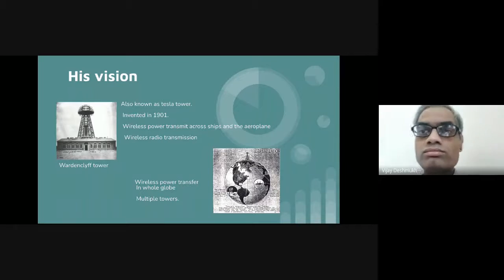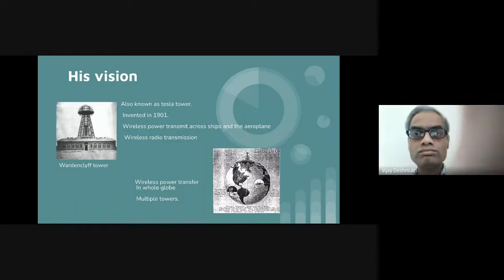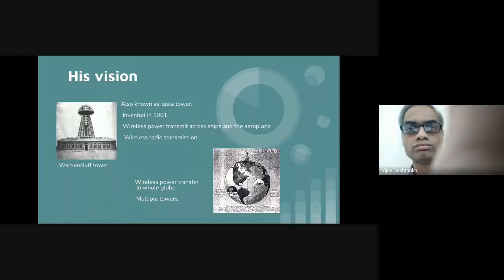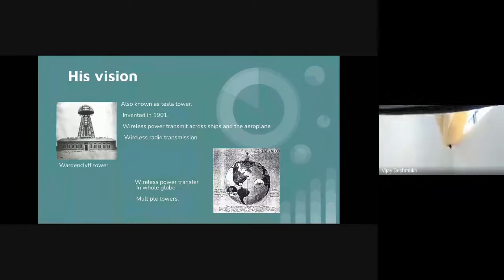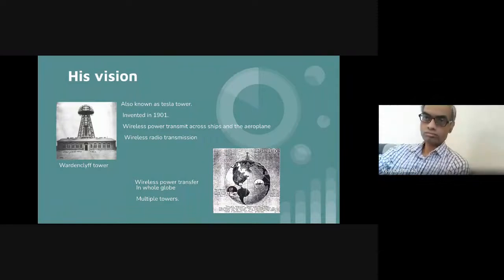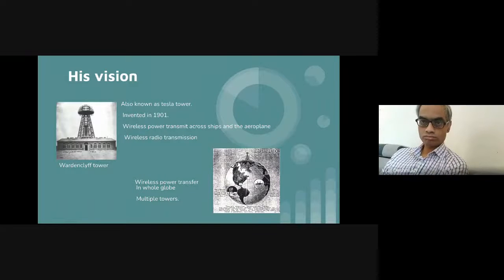In the second image, as you can see, his vision was to plant several towers so that he could wirelessly transfer power throughout the world using the multiple towers. But due to some financial issues, and because it was not possible to transfer power wirelessly due to electrical discharge, it failed.